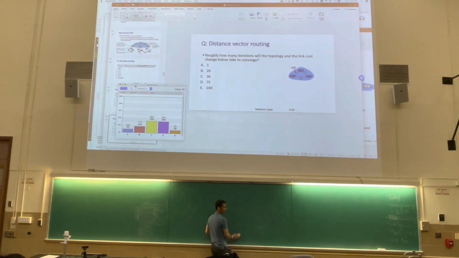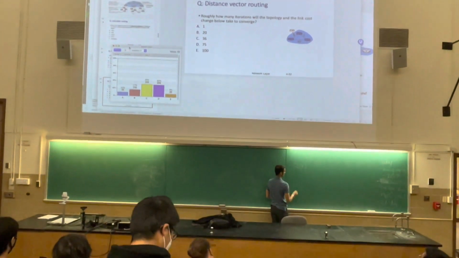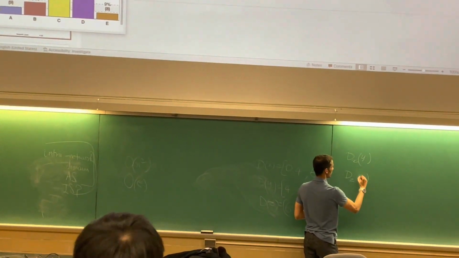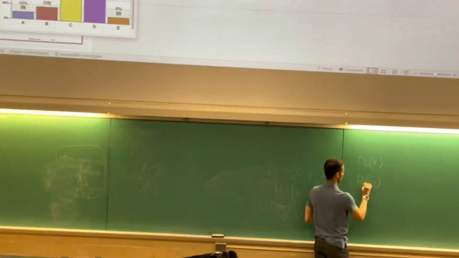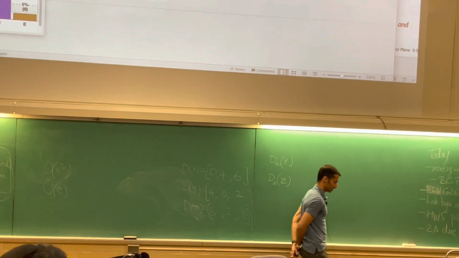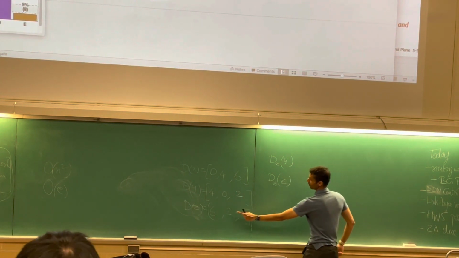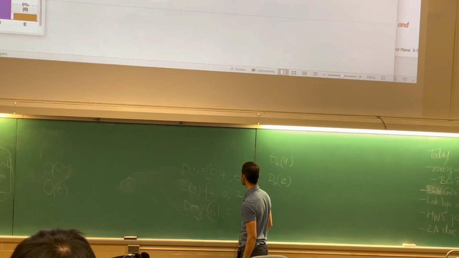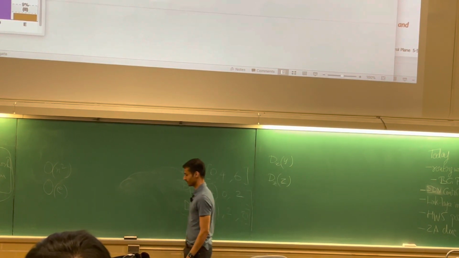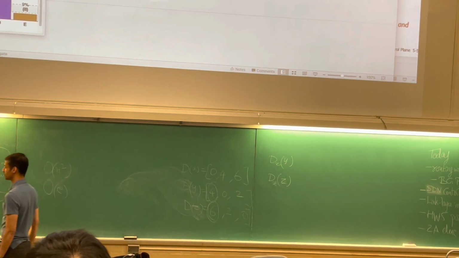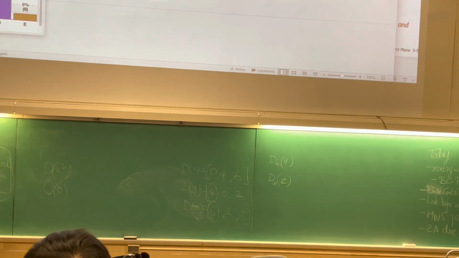We're focusing on the destination x and asking how D_y(x), y's perception of the least cost distance to x, and D_z(x), z's perception of the x element of its distance vector, change. This element was initially 6, and this element was initially 4. We're going to focus on how these two change over time as soon as that event happens.